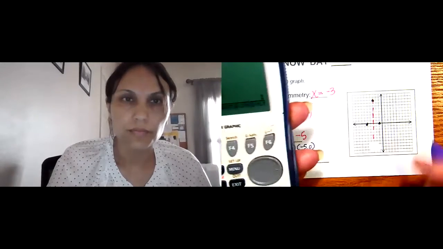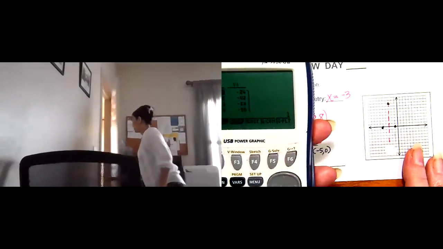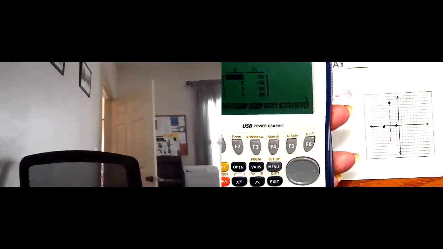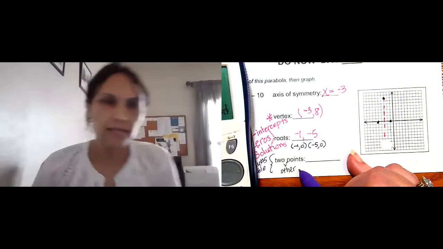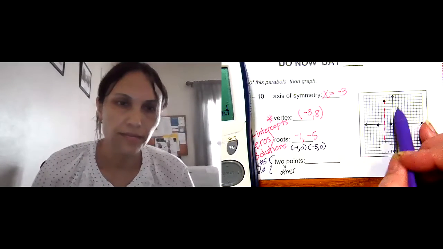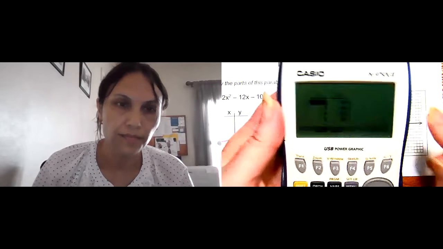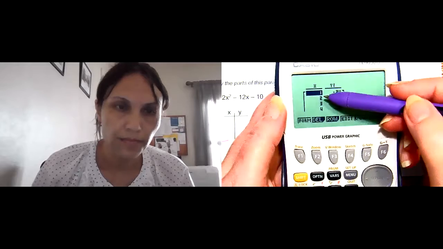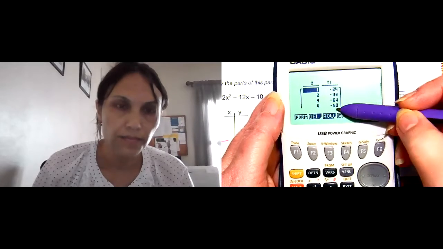Now, the idea is that I'm trying to graph this equation. I want to get points that are on this graph paper. This graph paper only goes 10 in every direction. The trouble is when I push the table, I get these numbers that are way too big.